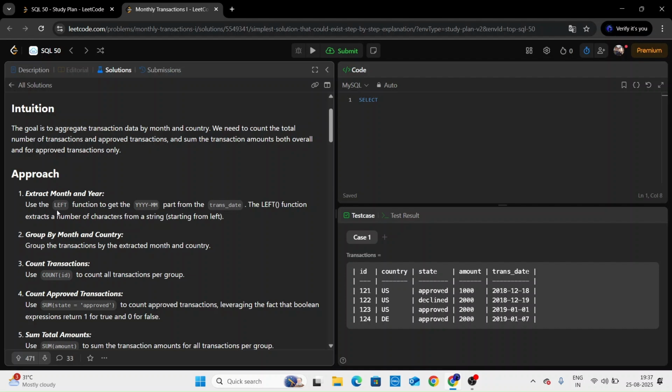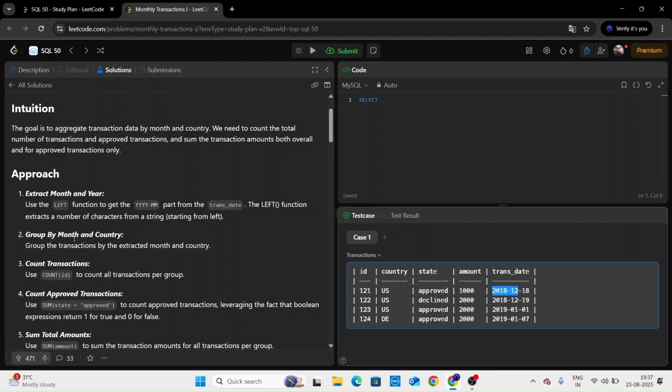Basically, I understand. We can use the LEFT function to get characters up to here. So the count will be 1, 2, 3, 4, 5, 6, 7. Okay, 7 is the number of characters from the left.